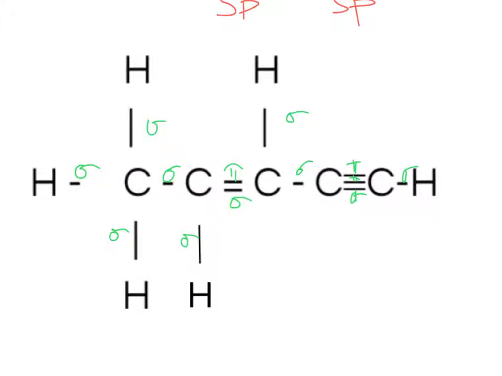Now, once I know that, I can think about how the hybridization is going to happen. I'm going to focus first on this carbon right here, and I can see that it has 1, 2, 3, 4 bonds, and I can also see that it has a tetrahedral configuration.